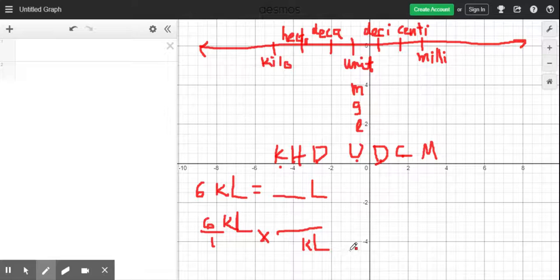And now we need to put our conversion factor. So 1 kiloliter is how many liters? If you look back up at our diagram, type it into the chat box. 1 kiloliter is how many liters?